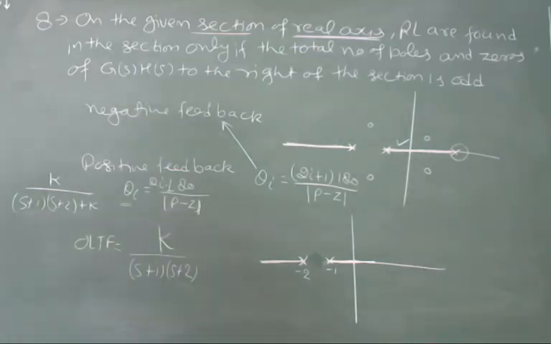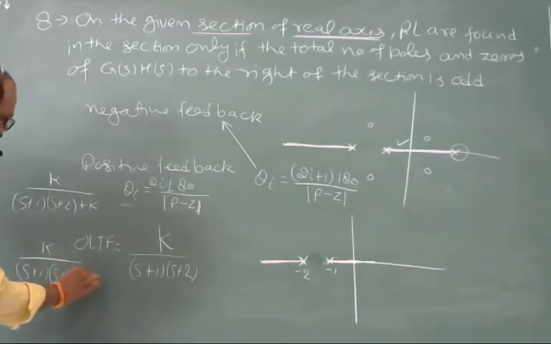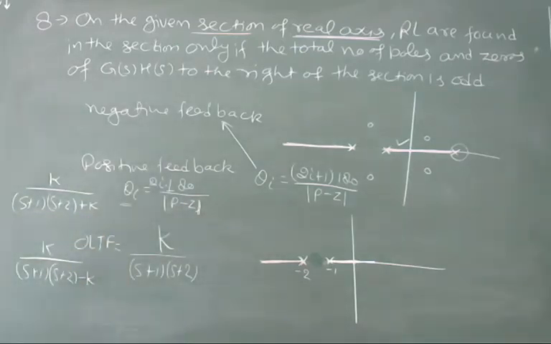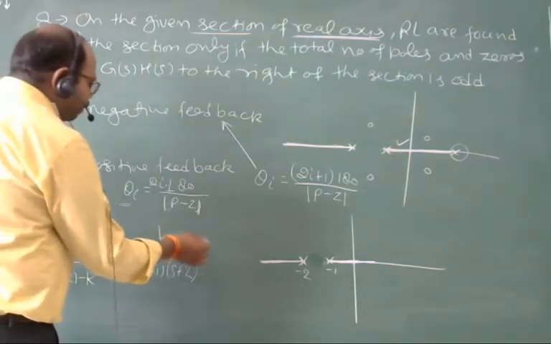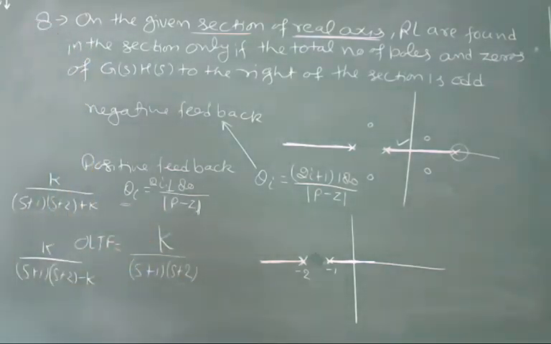And if it is positive feedback, then CLTF will be k divided by (s plus 1)(s plus 2) minus k. Right? So, which type of feedback should be considered here?